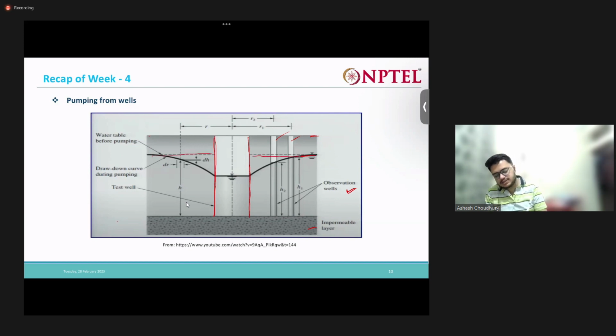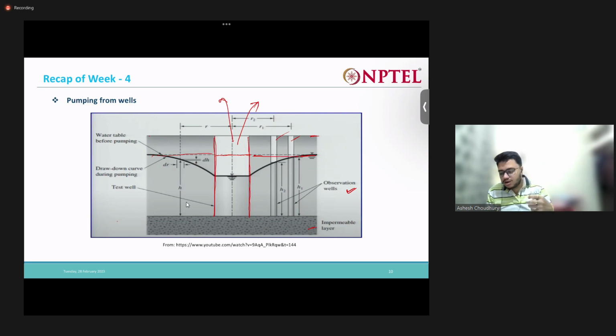As the water table is here, there will be water up to this level, right? If we dig a well, as the water table is at this level, my water will also remain up to this level. What is done is, a pump is used to constantly pump out water from the test well. The pump is switched on and the water is pumped out of the well.